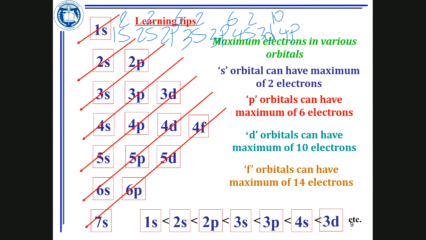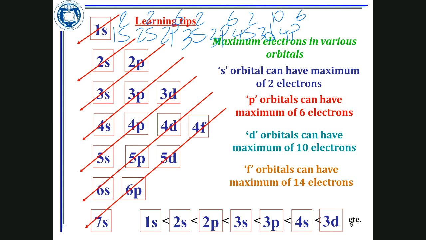How many electrons do we have so far? 4, that's 10, 12, 18, 20, 30. Okay, is 4p6 correct? Yes or no? Can I have 6 electrons in 4p?